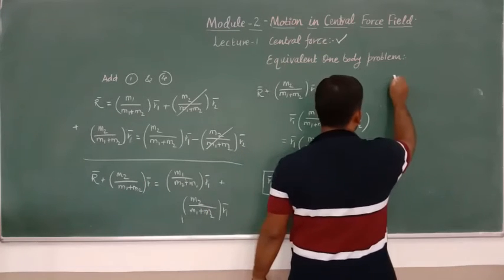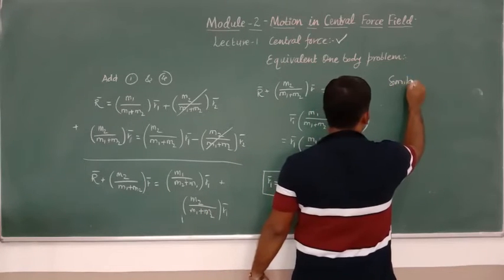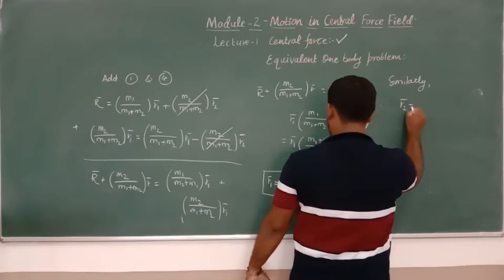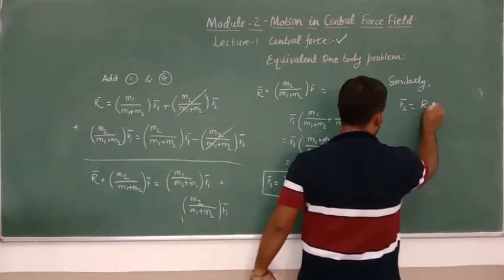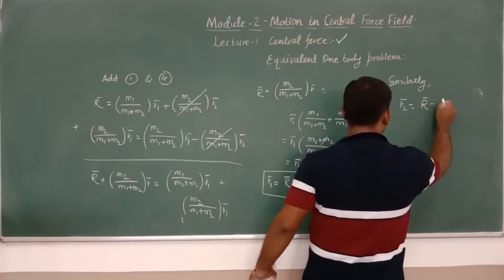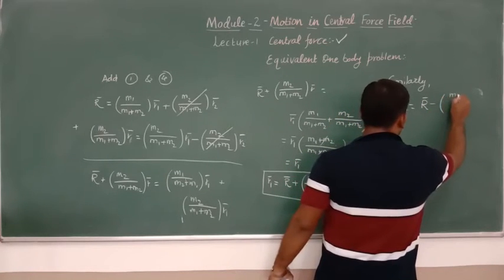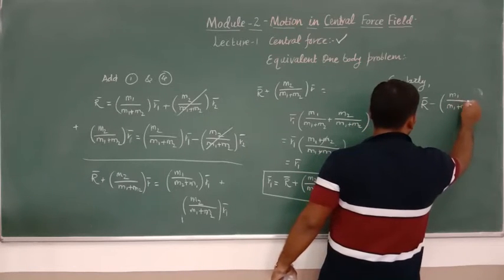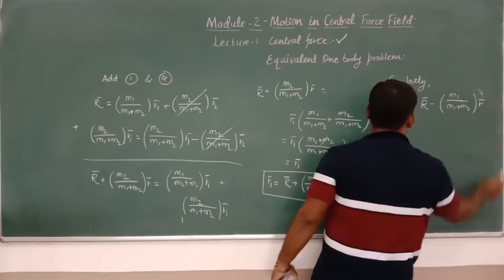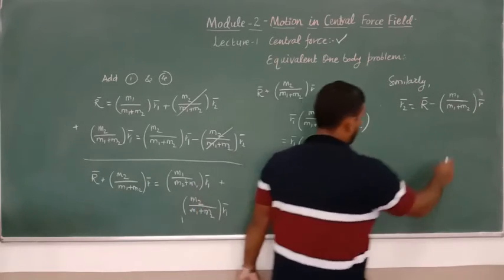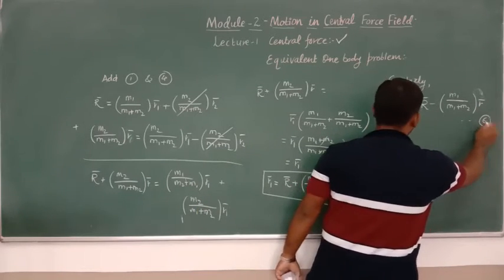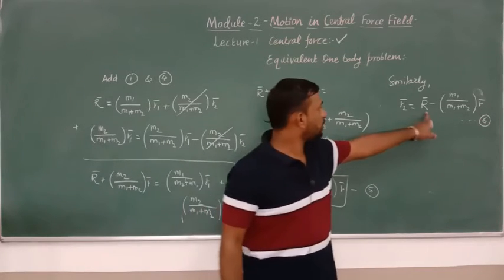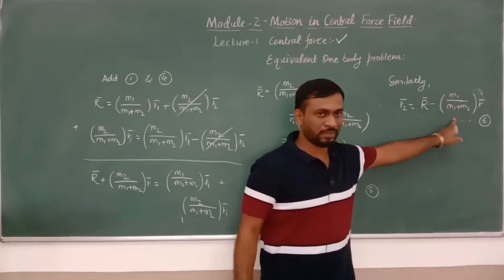Similarly, r2 bar can be written as r bar minus m1 upon m1 plus m2 into r bar. Okay, so this is again equation number 6. So we have this r1 bar and r2 bar in terms of the center of mass and their own masses.